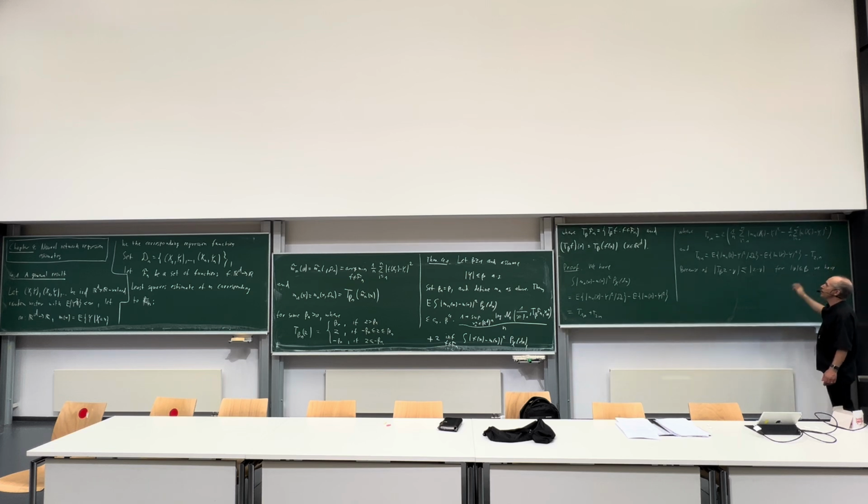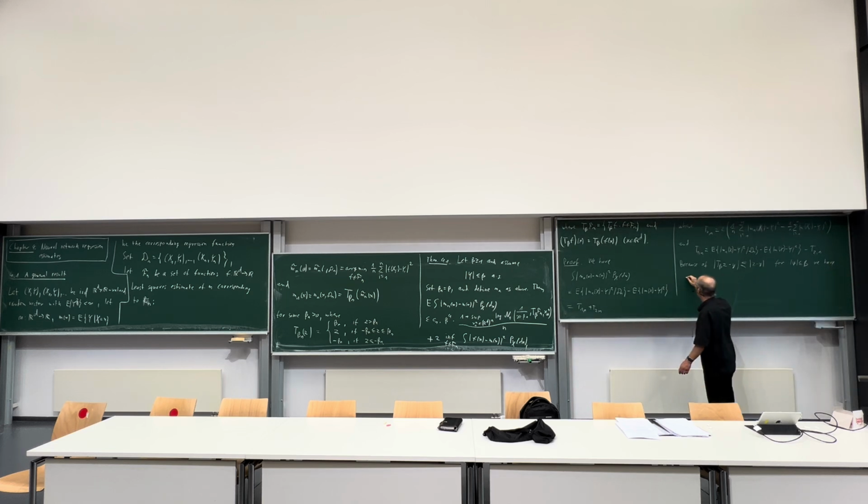So this implies that if I look at my T2n, then that's less than or equal to, if I forget about my truncation, because with probability 1 these Yi are less than beta, so I can forget about the truncation.